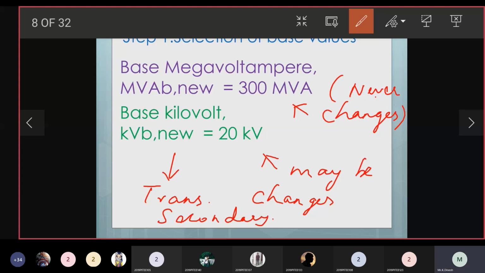One thing you have to remember in the first step is that your MVAB never changes, but KVB new may be subjected to change. When is it subjected to change? When you have the transformer secondary winding, you have the change of KVB. That's it. I hope it is clear to everyone. I move on to the next step.